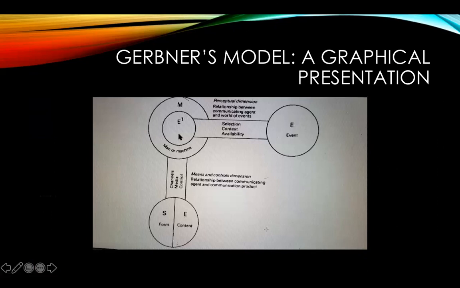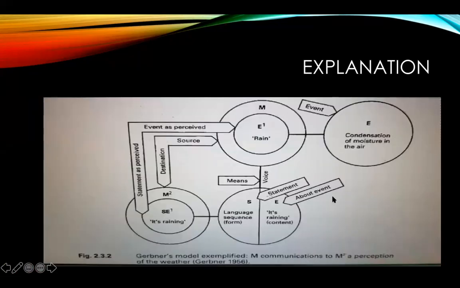This is a simple diagram which explains Gerbner's model, I think, in a very simple way. This diagram explains that the model goes in the form of a chain. Let's say the news agency reporter is perceiving the event. You know, Reuters is a famous news agency. Associated Press is another famous news agency. So the news agency reporter gathers information, prepares a report, and this is a report which is prepared according to the perception of this reporter.